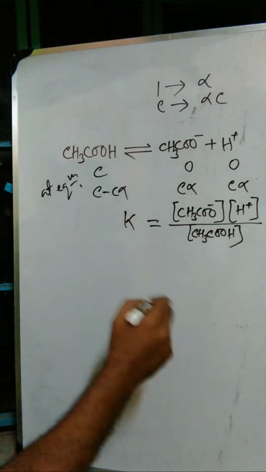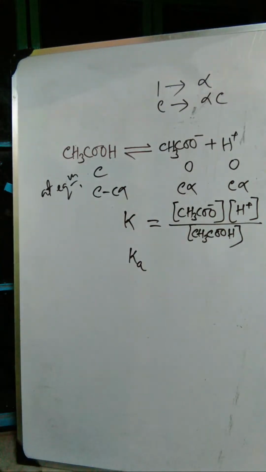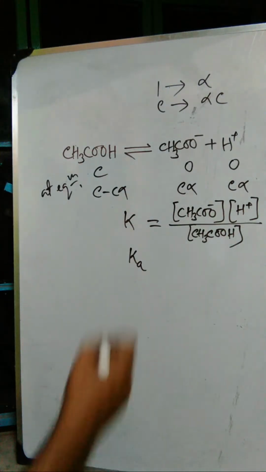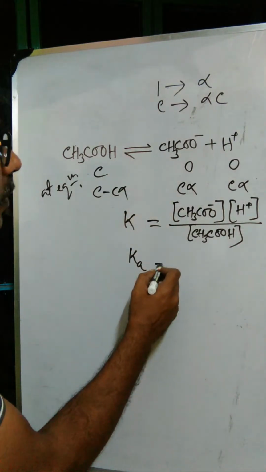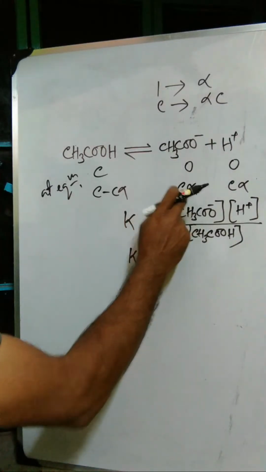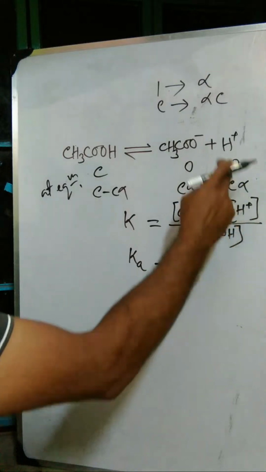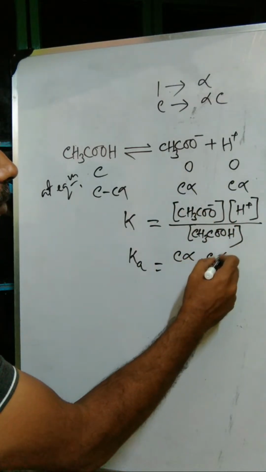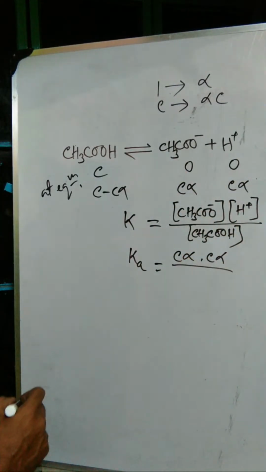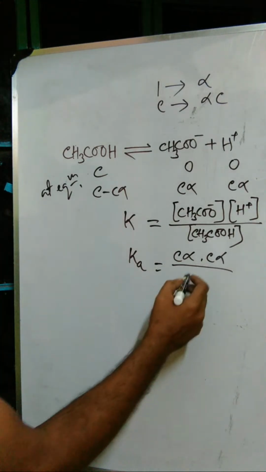Therefore, K can be written as Ka, the ionization constant of the acid, or the equilibrium constant of this particular equilibrium. The concentration of acetate ion at equilibrium is C alpha, the concentration of H plus ion at equilibrium is also C alpha, and the concentration of undissociated acetic acid molecules at equilibrium is C minus C alpha.